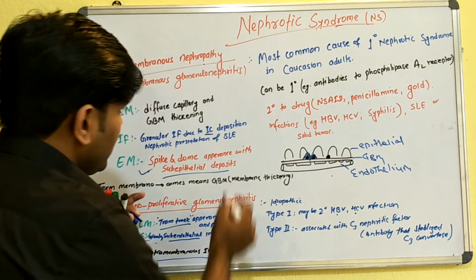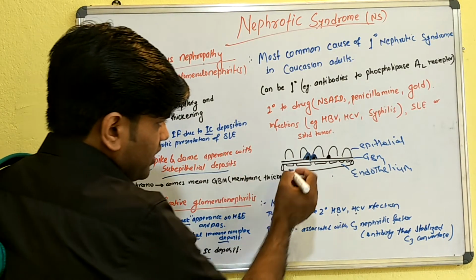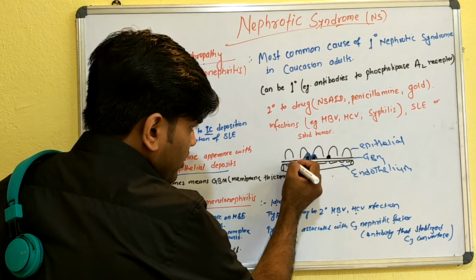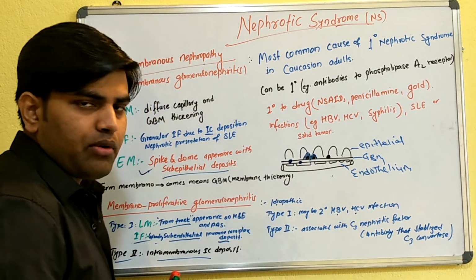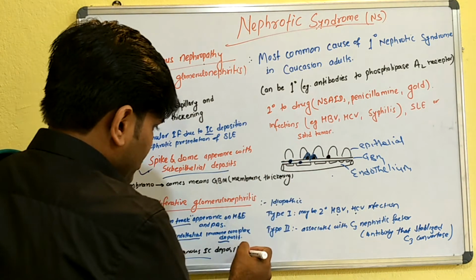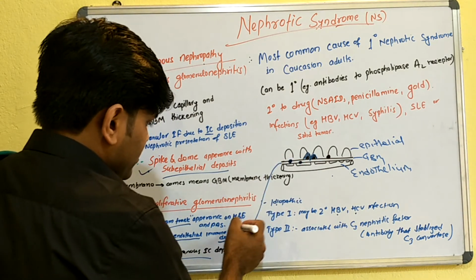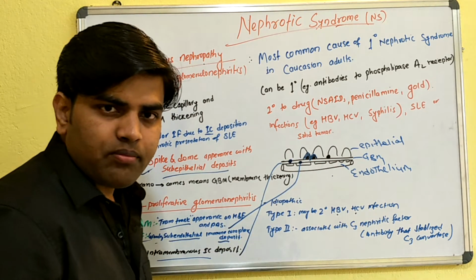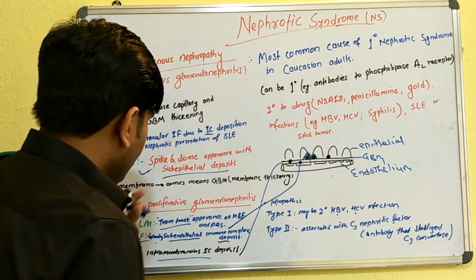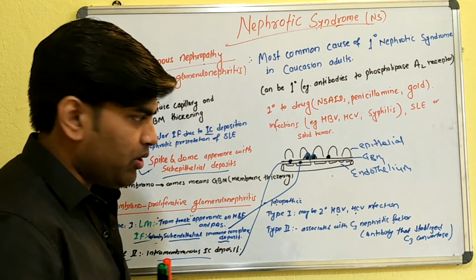So what we are talking about, the main difference here is intramembranous or subendothelial. If it is intramembranous, then they are talking about type 2. If it is subendothelial, then they are talking about type 1. So there are type 1 and type 2 in membranoproliferative glomerulonephritis. You have to know about it.